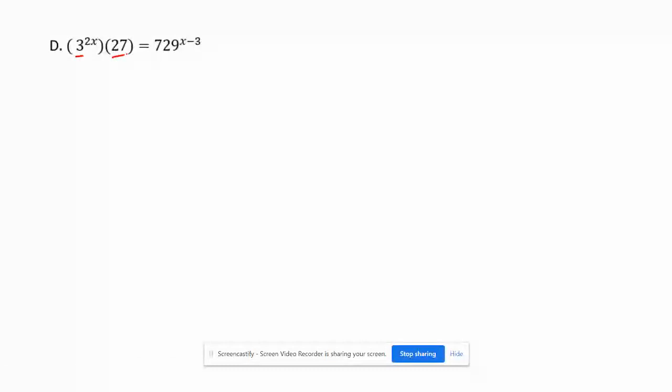3, 27, and 729 are all going to be base 3 numbers for us. So we have 3 to the 2x. 27 is 3 to the power of 3. 729 is 3 to the power of 6, to the x minus 3. Now, if I'm multiplying these two powers, that means I can add these exponents.